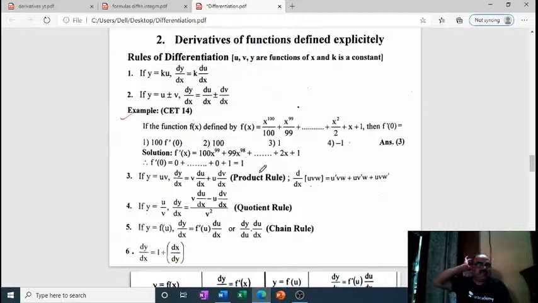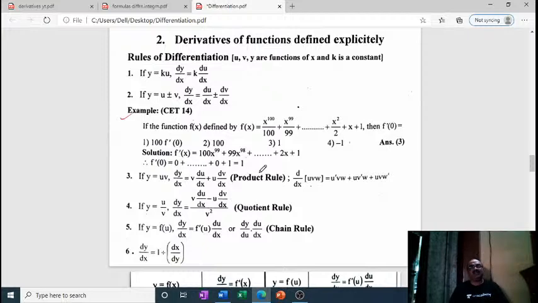Friends, let me take you into another journey where you will be introduced to some of the formulas. Till now you saw how differentiation is applied. Now you're going to see some of the rules of differentiation. If y equals ku, dy by dx is equal to k into du by dx.